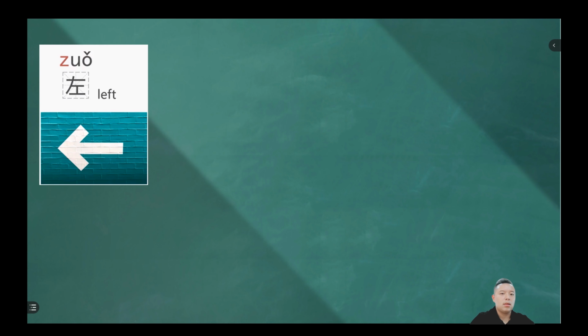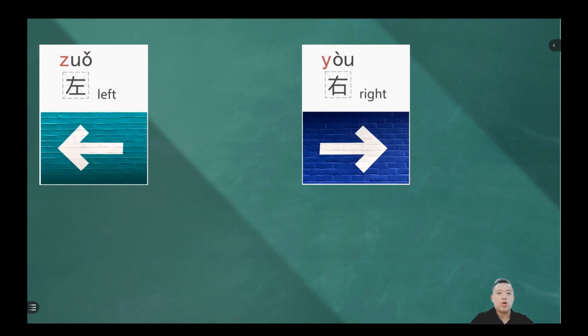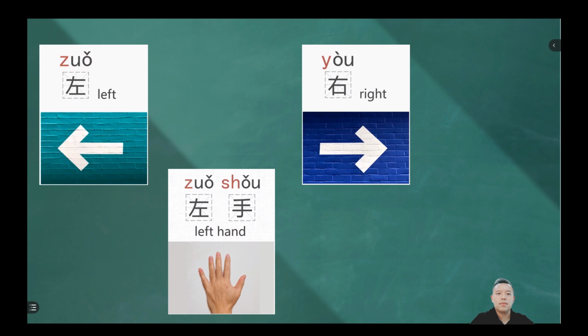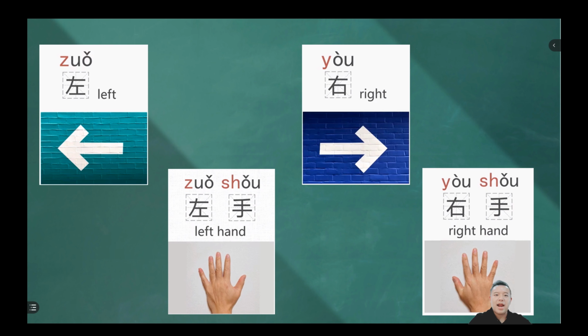Okay, on your left side, left, 左. On your right side, 右. Your left hand, 左手, and your right hand, 右手.